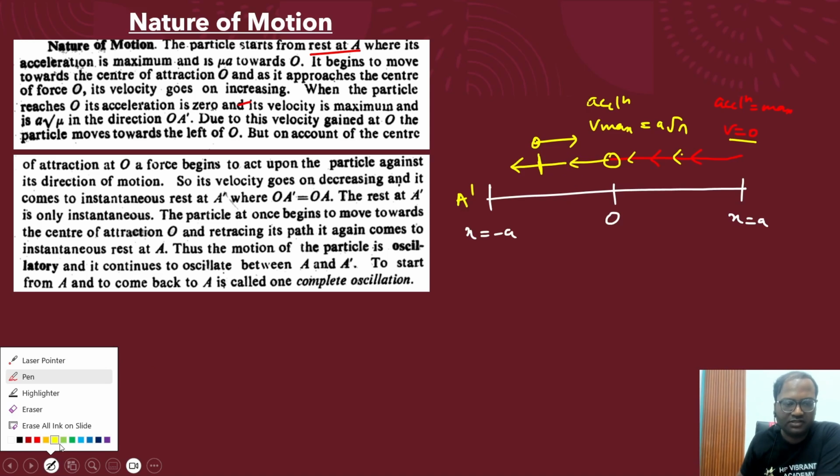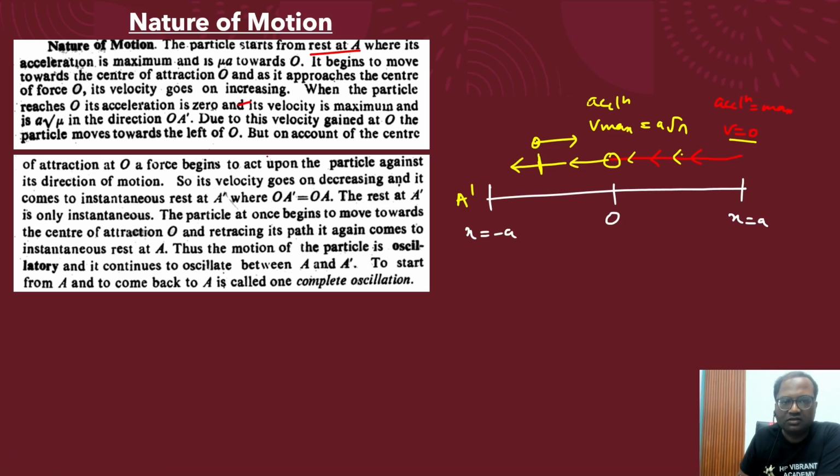So the direction of motion is in this particular direction, but acceleration is being directed towards the center of force. But the velocity goes on decreasing and it comes to an instantaneous rest at A dash. So this is our A dash, and here velocity becomes 0.